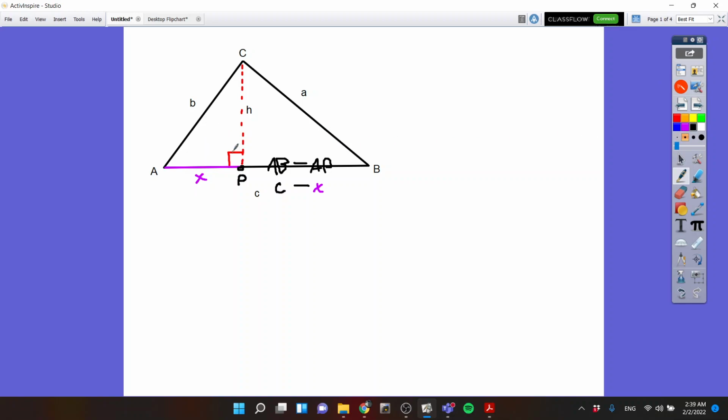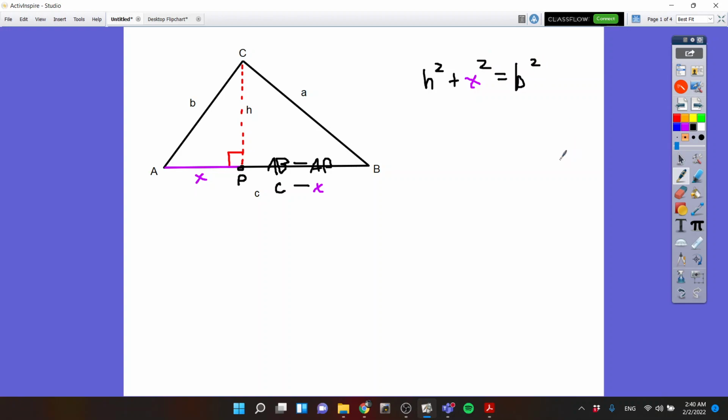We know things about these triangles. Last time we used the law of sines, or sine of A and sine of B. But another thing that we know is the Pythagorean theorem. So I'll look at triangle APC first. In this triangle over here, I could have a squared plus b squared equals c squared, which in our case is H squared plus X squared equals b squared.